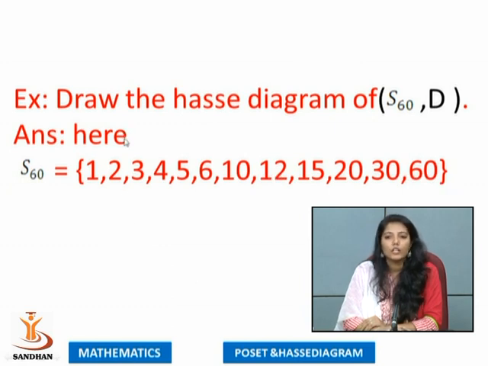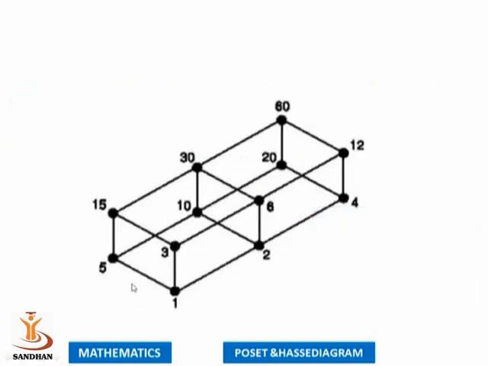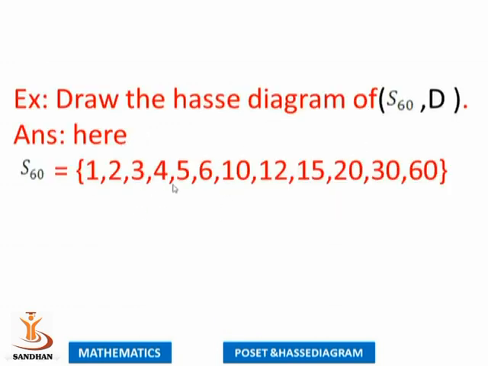And here same, the relation is divisibility. So 1 is related to 2, 3 and 5. Then we draw here the Hasse diagram. 1 is related to 3, 2 and 5 here. Okay. Similarly, 2 and 3 are not related, 3 and 5 are not related, so they are on the same height.